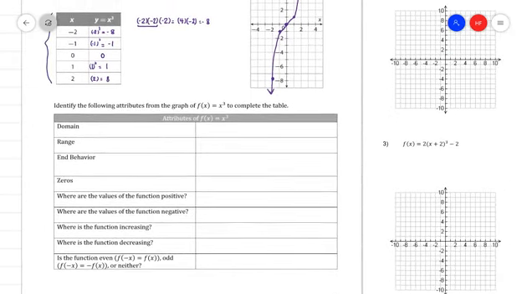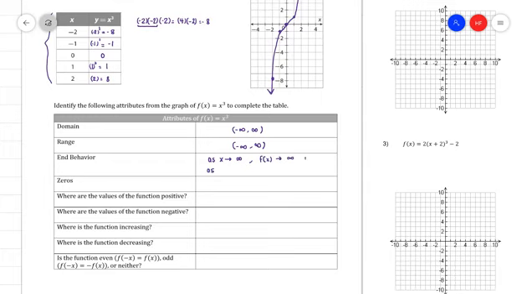So the domain of the parent function, my x values, are all real numbers, because it's going to go infinitely to the left and infinitely to the right. And that's the same thing for my y values. And behavior, as x approaches infinity, f of x or y approaches... So if I'm going to the right, f of x is increasing, so f of x is approaching infinity.